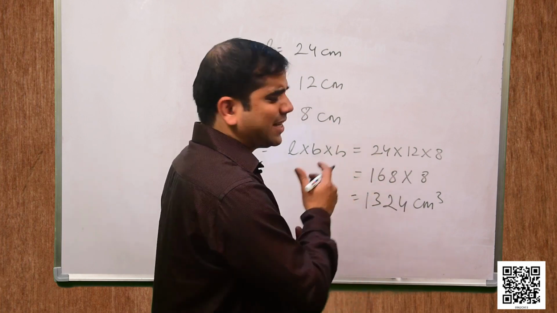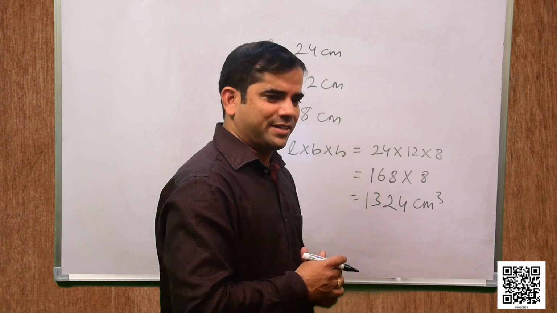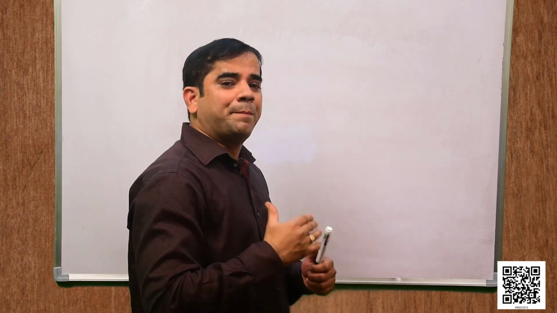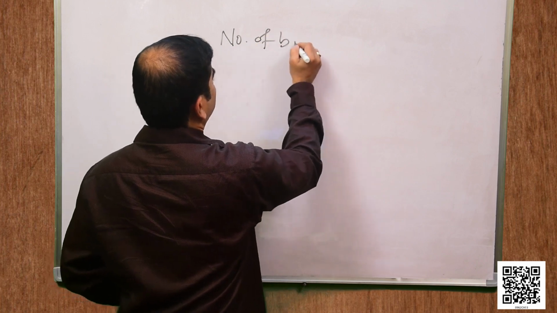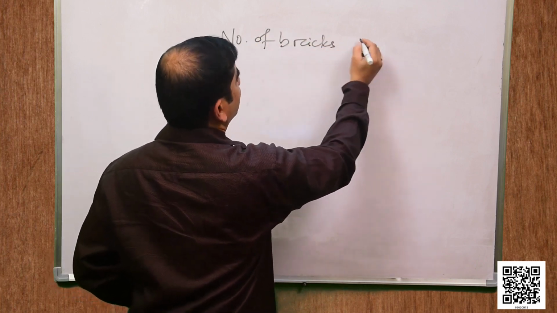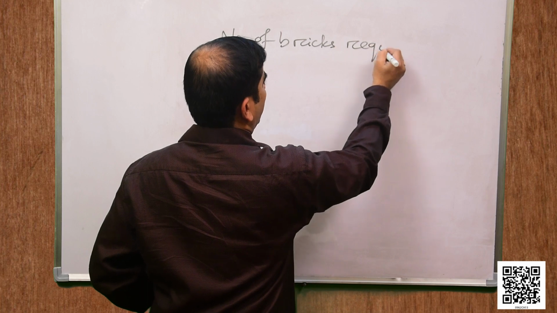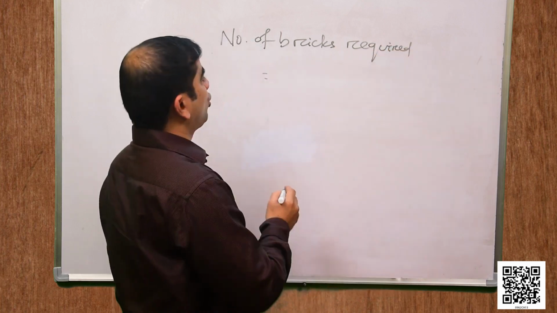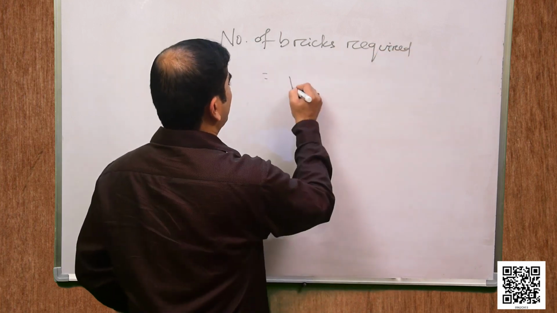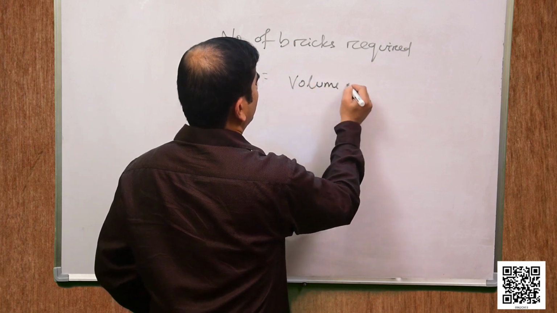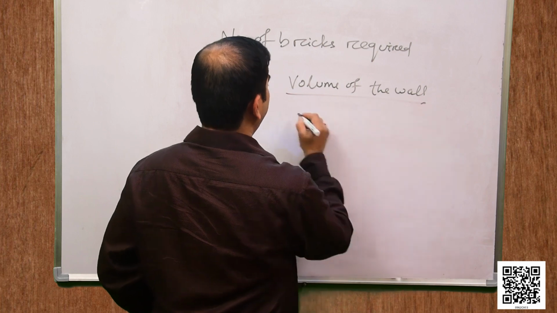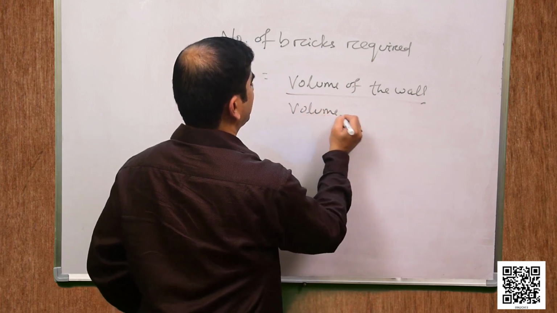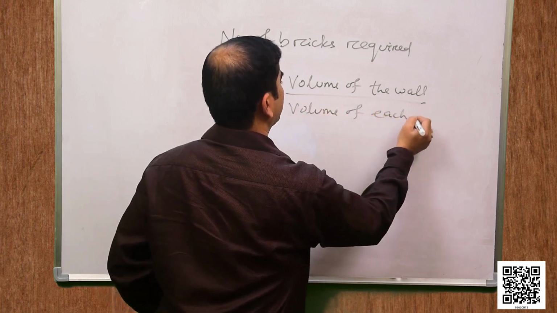Okay. So, let us find the number of bricks. Number of bricks required is equal to the volume of the wall divided by the volume of each brick.